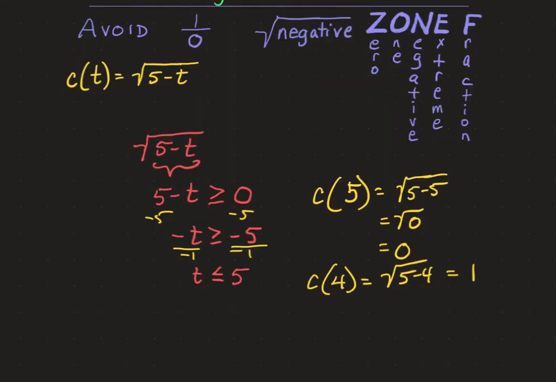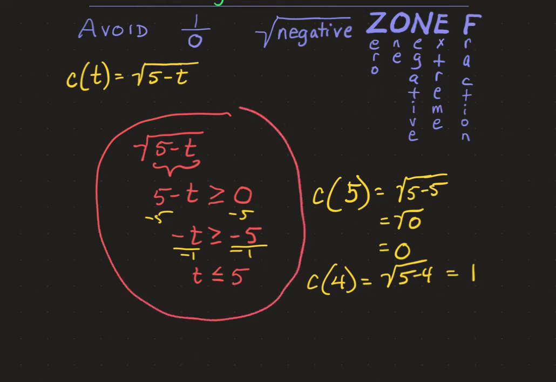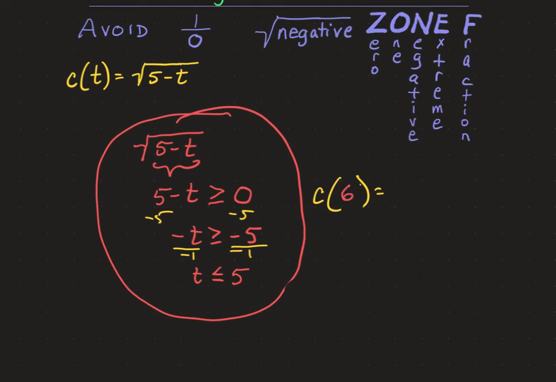Okay, I hope you're still with me after that aside, but this is really where we were in our analysis. The independent variable t has to be less than or equal to 5, because if it's more than 5, let's say 6, or even 5.25, when you do this subtraction you're going to wind up with a negative under the radical.